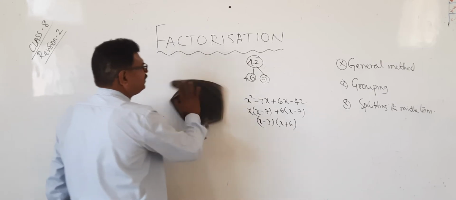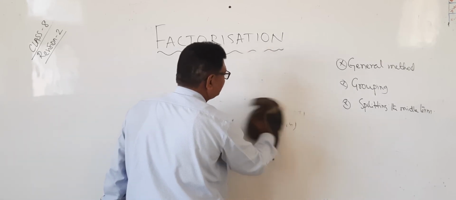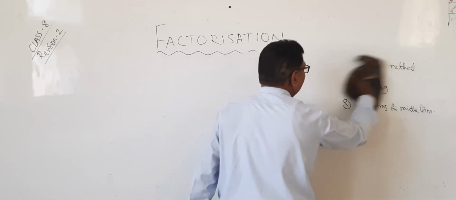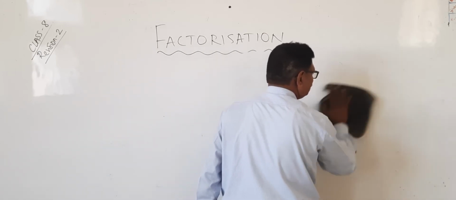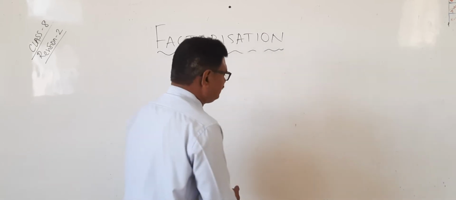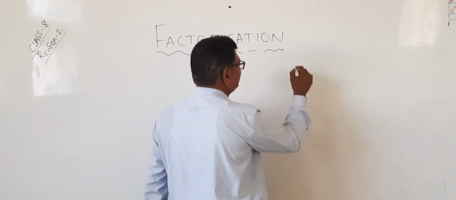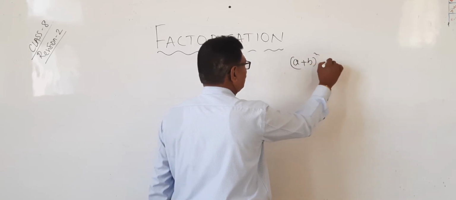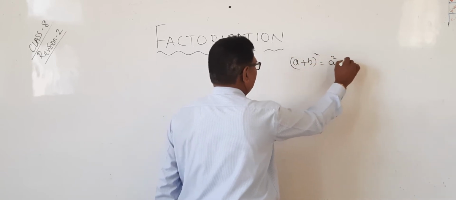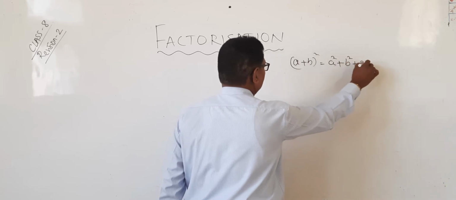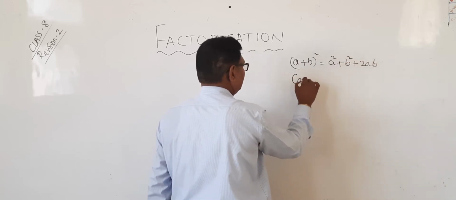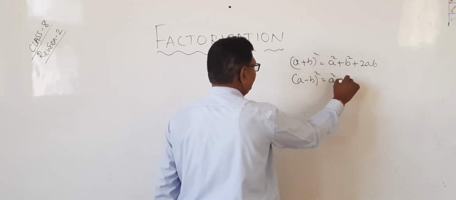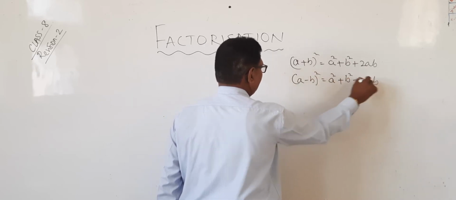In factorization, some more factors are there, and those depend upon the identities. So we know the identities. In algebraic expressions, we have learned identities like a plus b whole square equal to a square plus b square plus 2ab. A minus b whole square equal to a square plus b square minus 2ab.